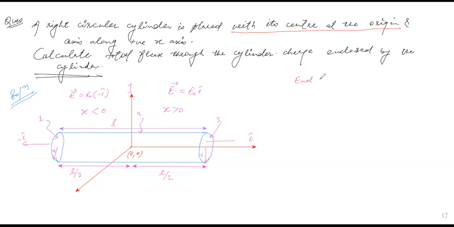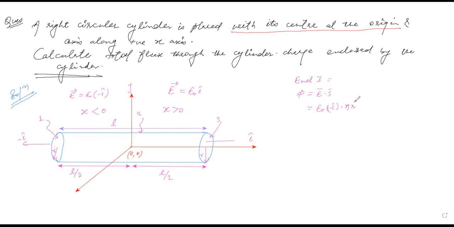for end 1, what will be your flux? The flux phi is equal to E dot S. What is the E? E is your E naught minus I cap, and area is your pi r square, because this is your cross-sectional area.